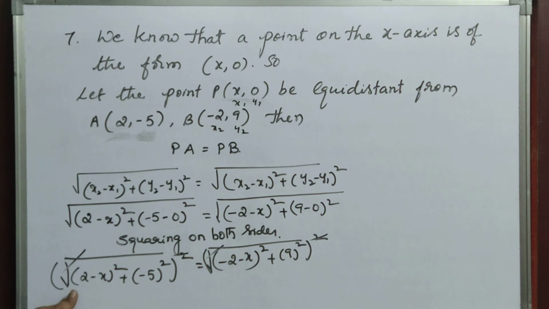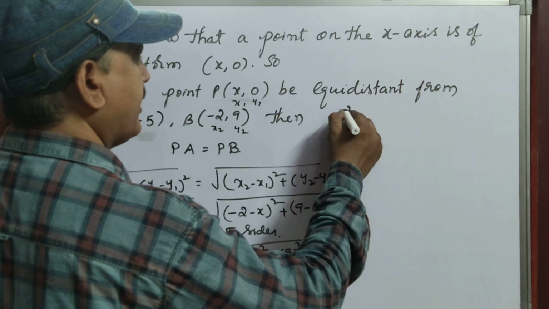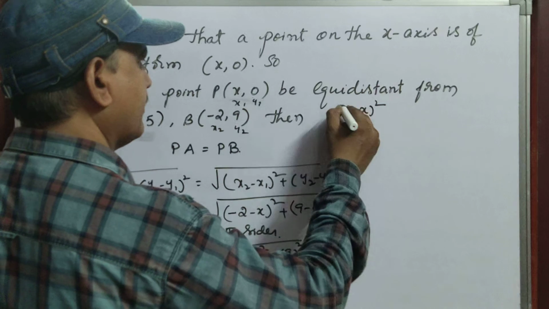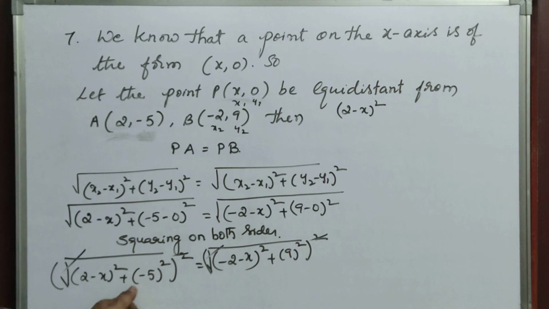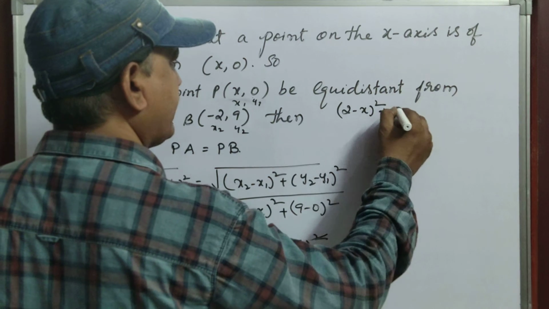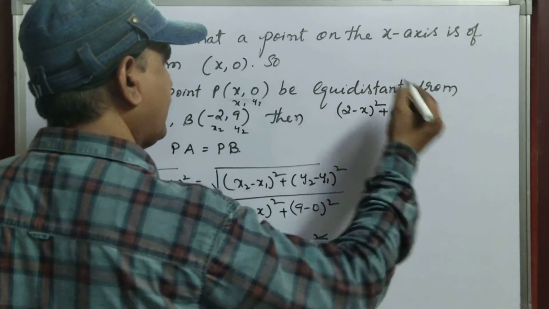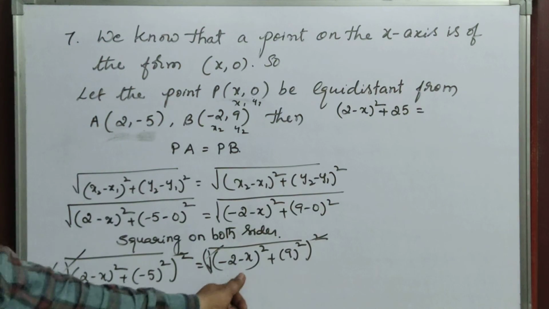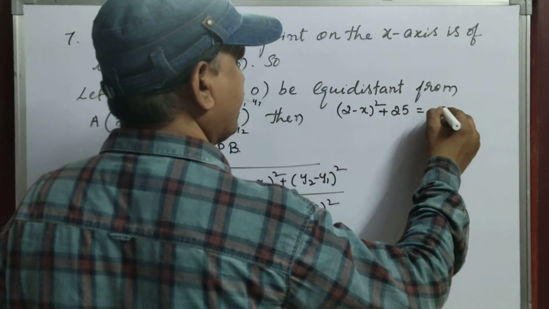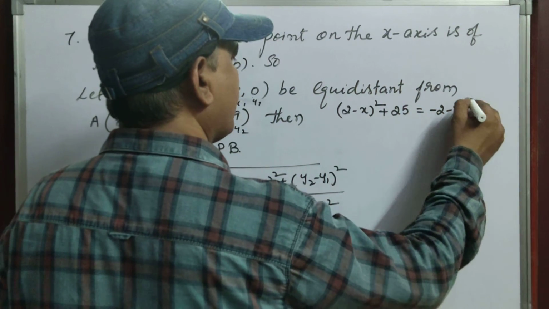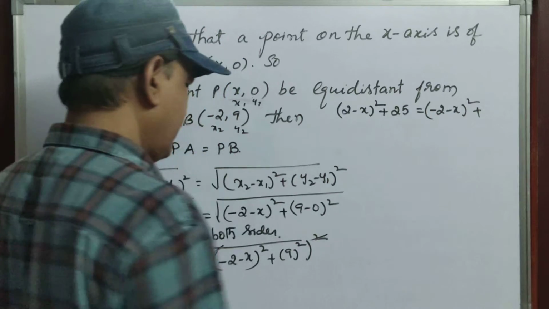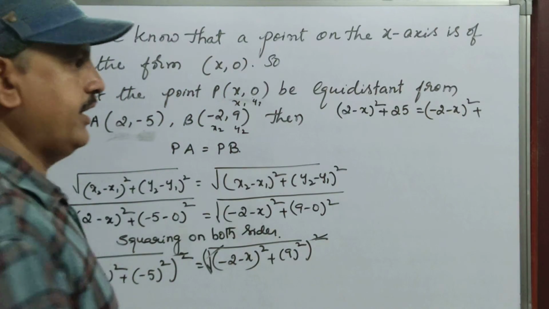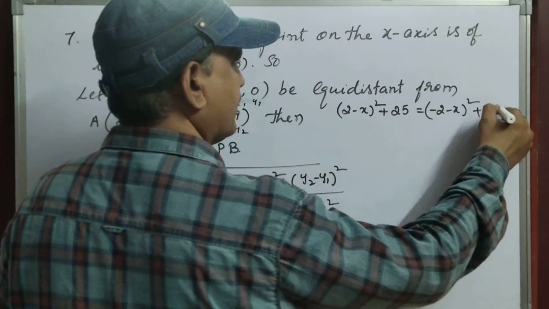Now if you clearly observe, what is left over? 2 minus x whole square plus minus 5 square, which means 5 fives are 25, plus 25 equals minus 2 minus x whole square plus 9 square, which means 81.